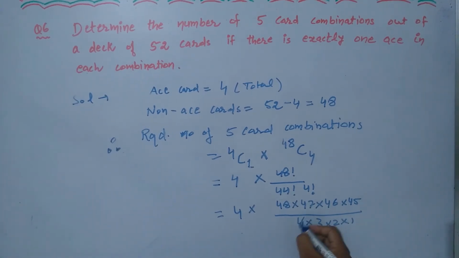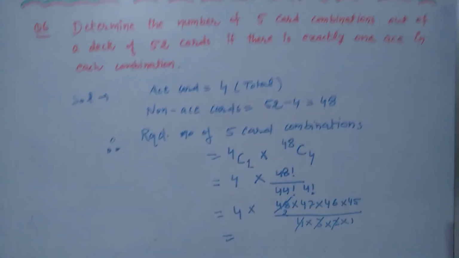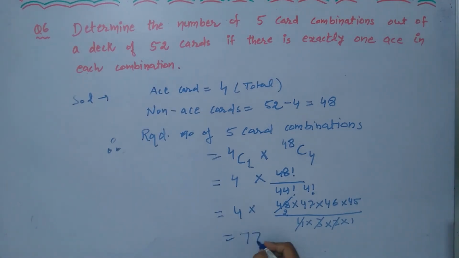So 4 threes are 12, 12 into 2 is 24, 24 into 2 is 48. So multiplying this, now we have 778,320 ways.